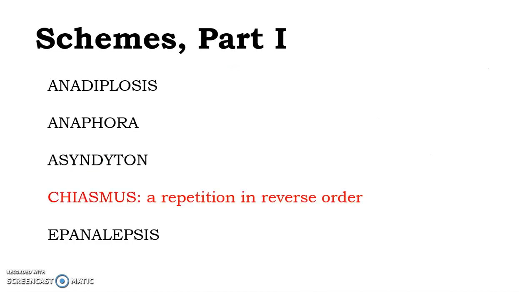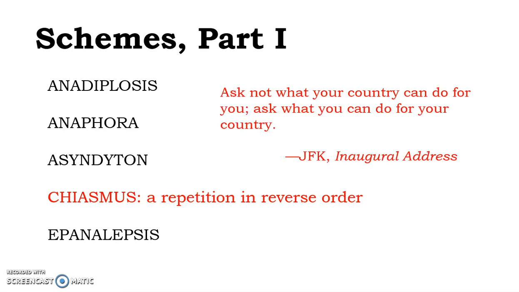Chiasmus, a repetition in reverse order. This can be one of 2 types. We'll look at one kind of type. JFK, ask not what your country can do for you, ask what you can do for your country. So with this "can do" here in both clauses, we reverse the order of country and you. Country and you in the first clause becomes you and country in the last.